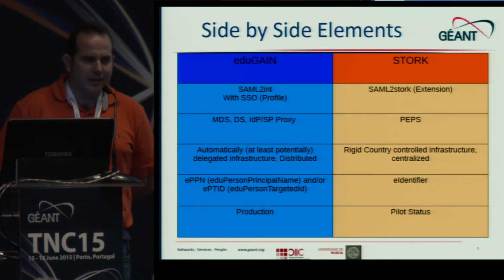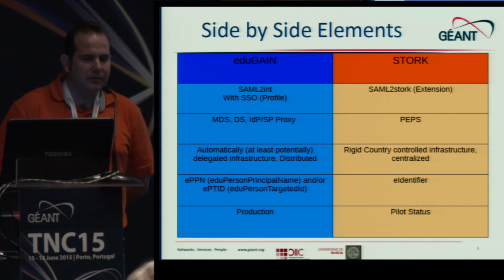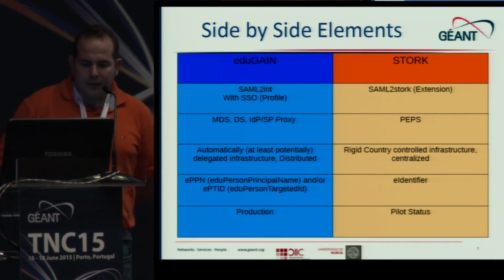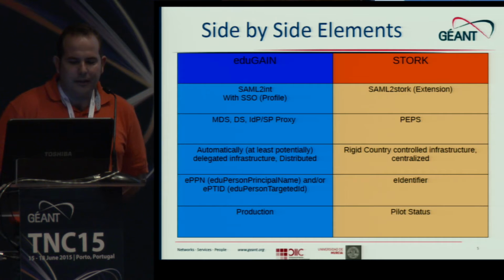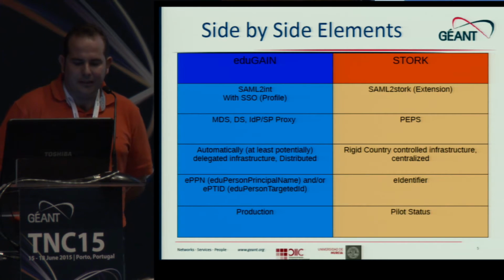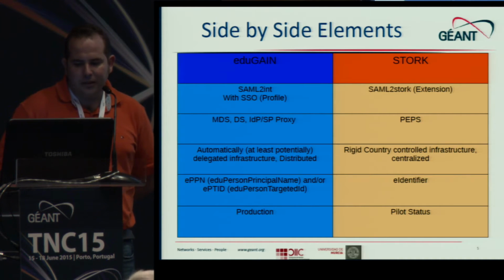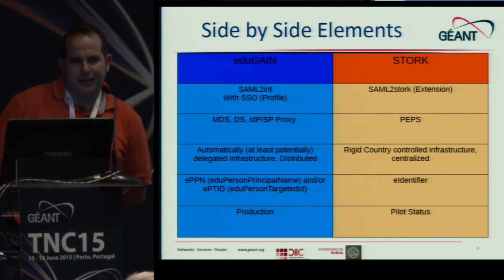So each member state has its own PEPS, and it's the point where the trust between each state is established. In the next row, we say that eduGAIN is an automatically delegated and distributed infrastructure, at least potentially, in front of the rigid, country-controlled and centralized infrastructure of STORK.